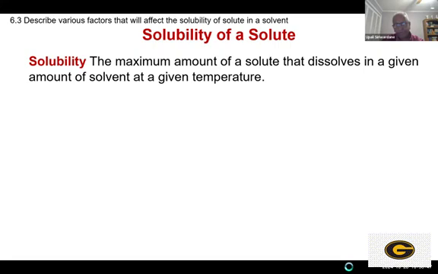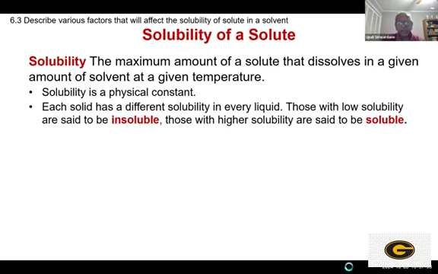You can express solubility in grams per milliliter, or grams per 100 grams of solvent. Solubility is a physical constant. Different solutes in a liquid can have different solubilities, therefore it's a physical characteristic of a solute.